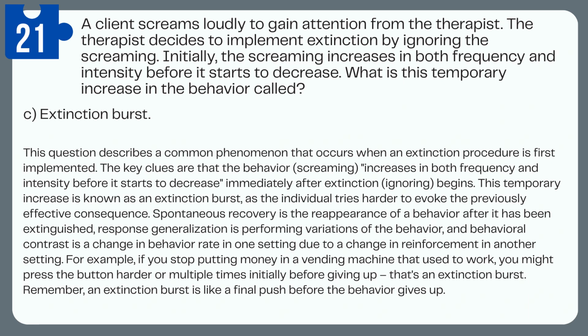This temporary increase is known as an extinction burst, as the individual tries harder to evoke the previously effective consequence. Spontaneous recovery is the reappearance of a behavior after it has been extinguished. Response generalization is performing variations of the behavior, and behavioral contrast is a change in behavior rate in one setting due to a change in reinforcement in another setting.